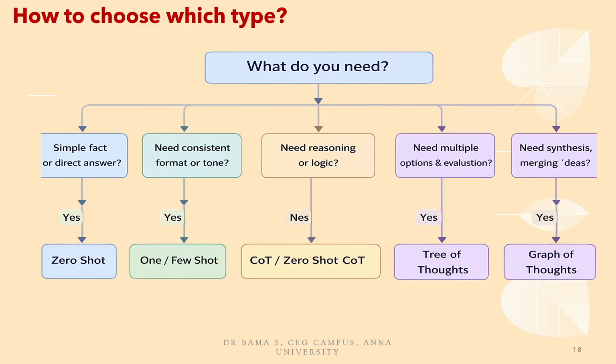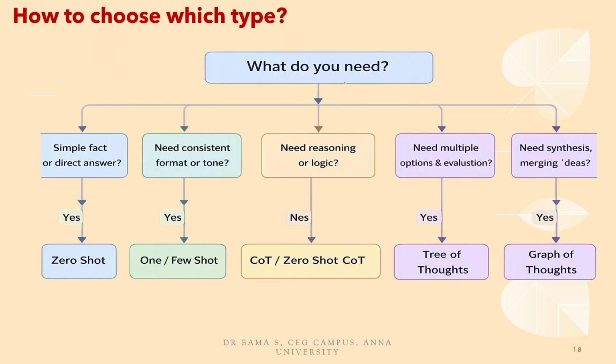But this session is about the different components and the types of prompt. Now, how do we choose which type of prompt? Earlier we saw how to choose the type of component. Here, how do we know whether one should use 0 shot or 1 shot or multiple shot? If it is a simple fact or a direct answer, it is 0 shot.